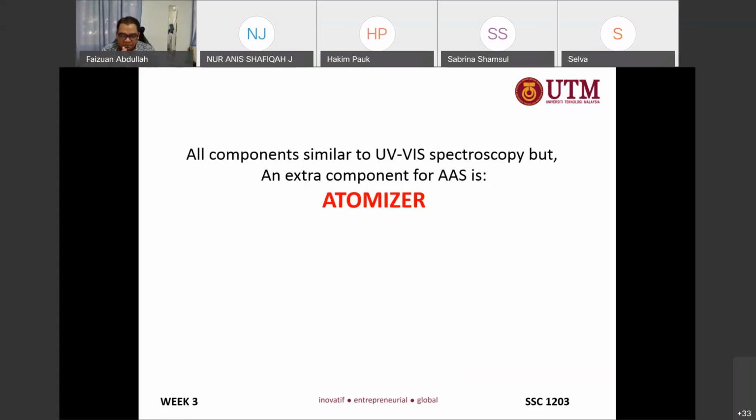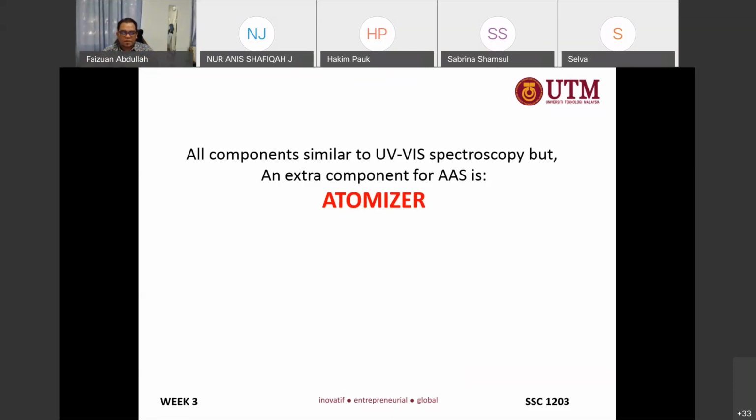So in AAS, we have the atomizer. Why do we have an atomizer? We go back to the name, atomic absorption spectrophotometer. We have to transform our sample into the form of free atoms. We have to give as much energy as we can to make sure that all the components in our sample become atoms, in the atom state.